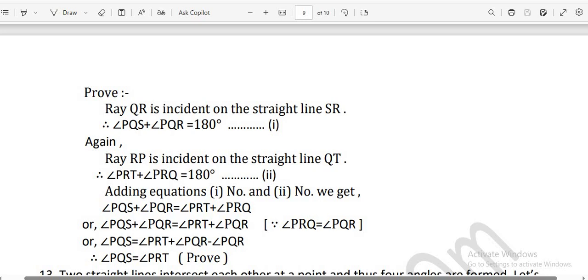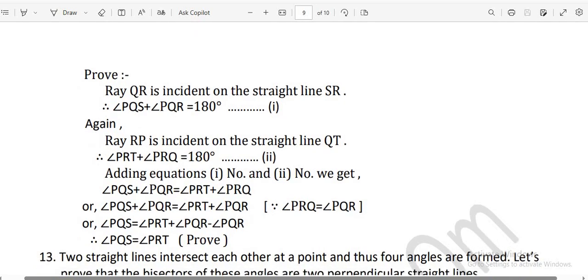Angle PQR minus angle PQR is 0, and therefore angle PQS is equal to angle PRT. Hence, it is proved that the measurements of the external angles are equal.